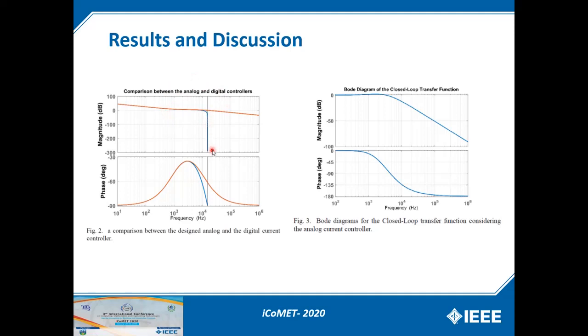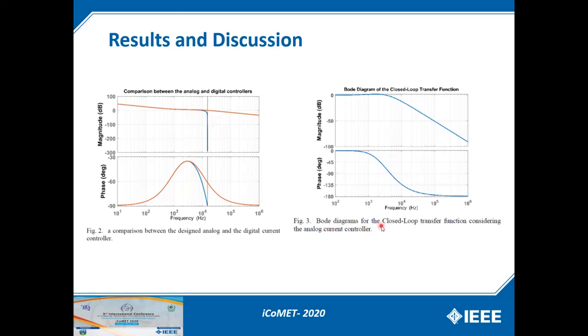Actually, we are using the blue one, but at least we can see here that it is coincident for a long range of frequencies, which is enough for us to make the D-STATCOM work as expected. For magnitude and phase, we can see that they are coincident for a long range of frequencies, which is enough.